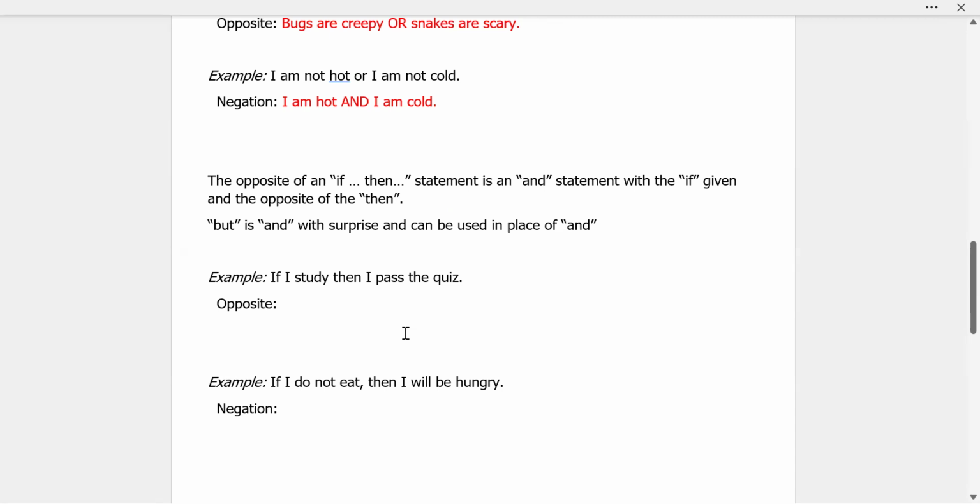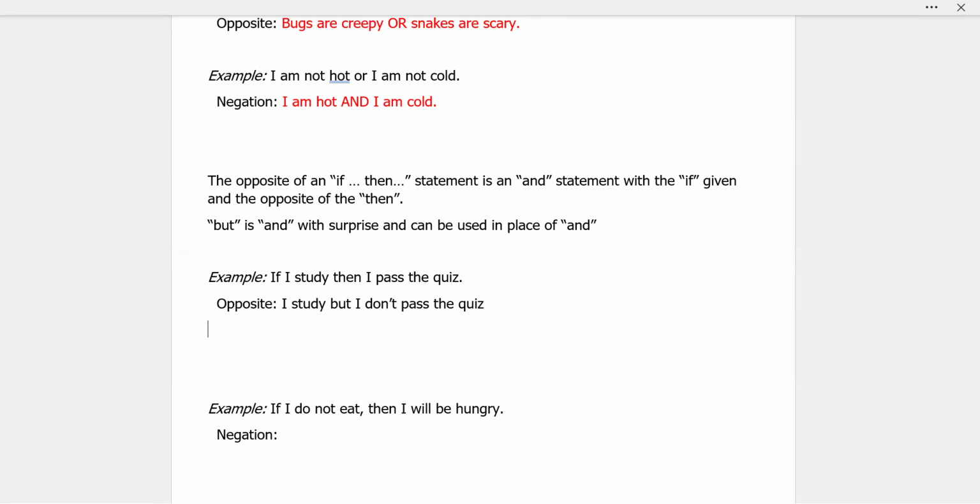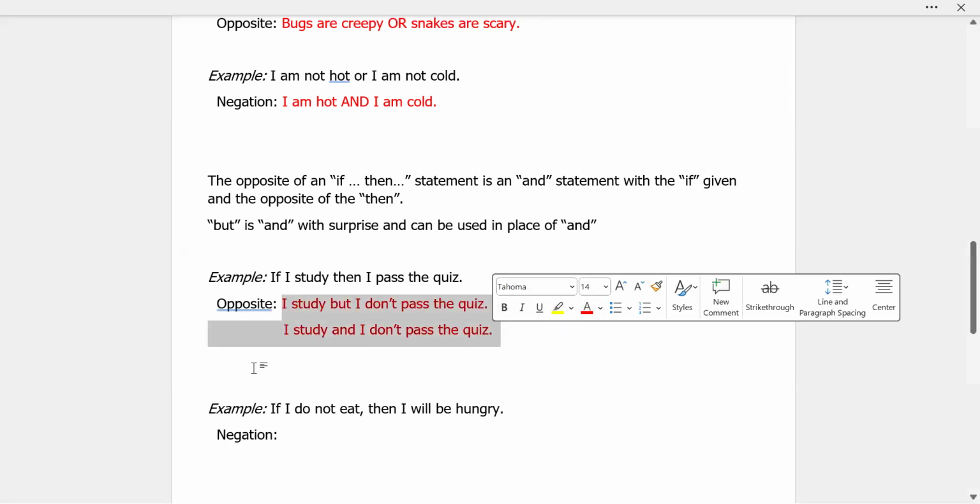What would make you come back and say to me, you lied, I studied, but what? But I don't pass the quiz. So notice I could put I study, but because I'm surprised, I thought I would. So you can put either sentence: I study, but I don't pass the quiz, or I study and I don't pass the quiz. That would be the opposite.